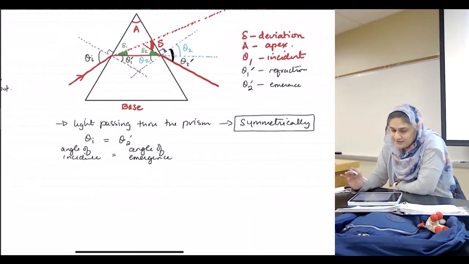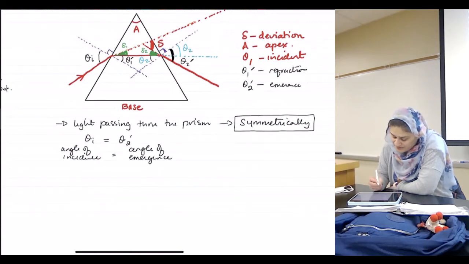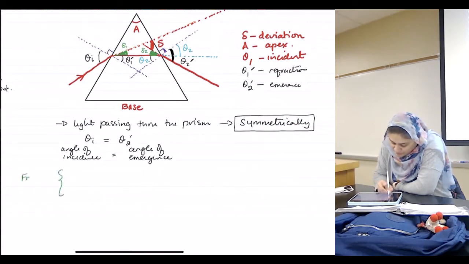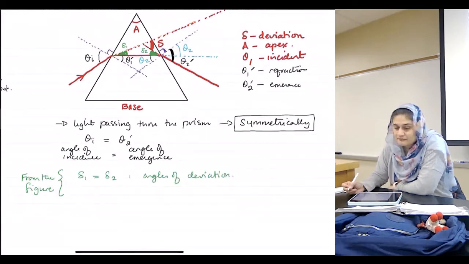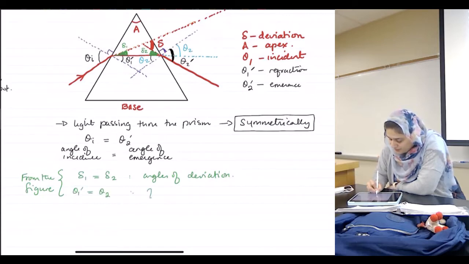Now, can I write from the figure, from the picture, delta 1 equals delta 2, which are the angles of deviation? And because of symmetry, can I also write theta 1 prime equals theta 2? This is from symmetry.